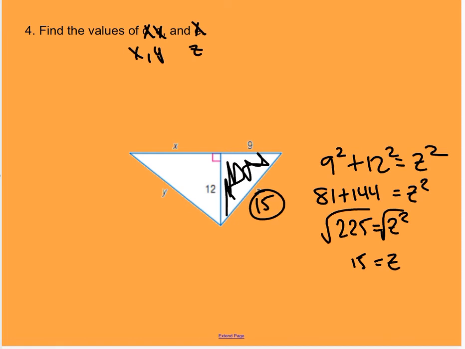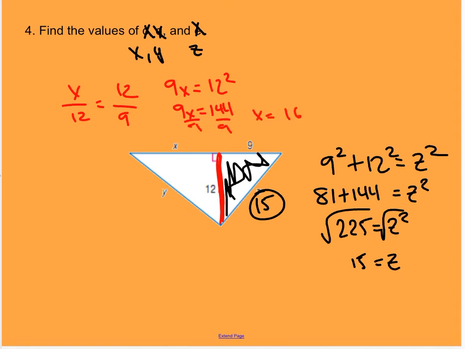So there's my answer there. Now to figure out x and y, first thing I'm going to do is figure out x. So remember, x over 12 has got to be equal to 12 over 9. So 9x equals 12 squared. So 9x equals 144. So 144 divided by 9 is going to be 16. So that makes this 16.